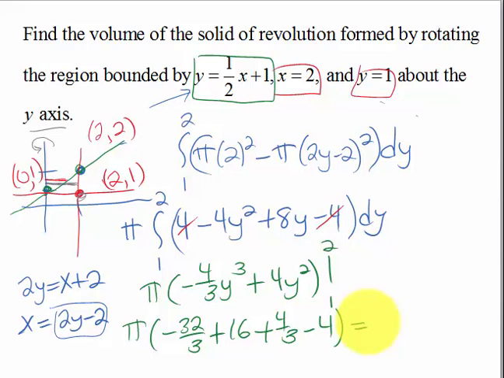So now we can go ahead and simplify that. We've got negative 32/3 plus 4/3, that would be negative 28/3. Plus, 16 minus 4 is 12, making that into thirds is 36/3. And so that's going to be 8/3 pi.